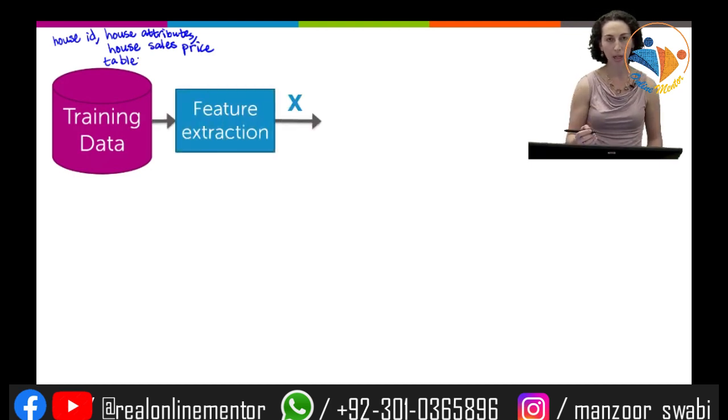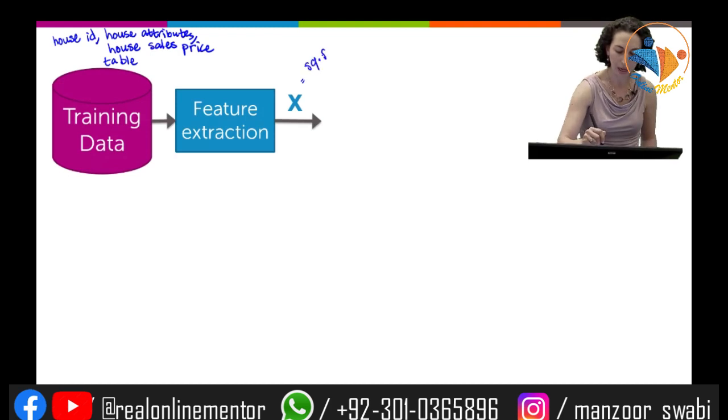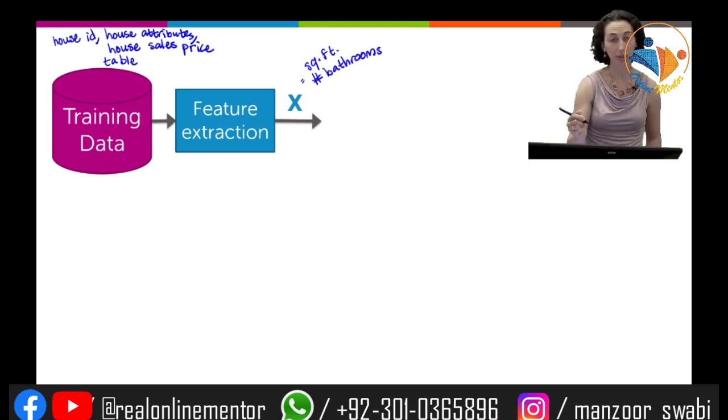And then we took that data, and what we did was shoved it through some feature extractor, which in this case is a very simple feature extractor, where we just choose some subset of the house attributes. So in the examples we looked at, X, our set of features, represented things like square feet of the house, and we also looked at number of bathrooms, and we talked about possibly using more features.